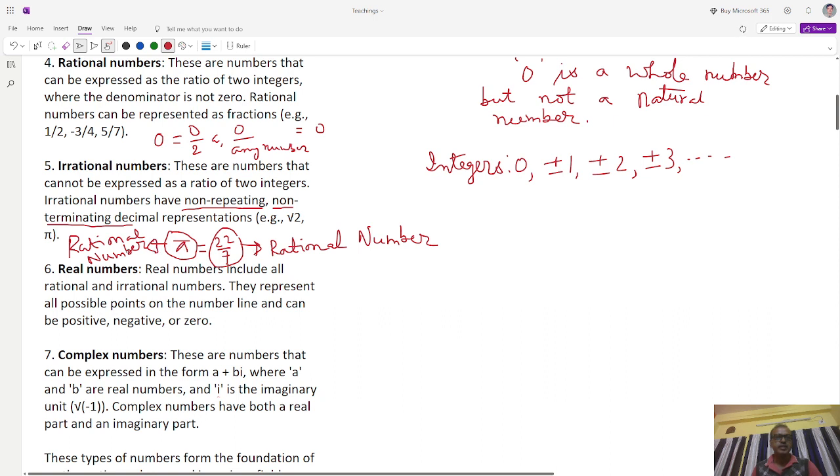Pi is the irrational number, whereas 22 by 7 is not an irrational number, it is a rational number, right?